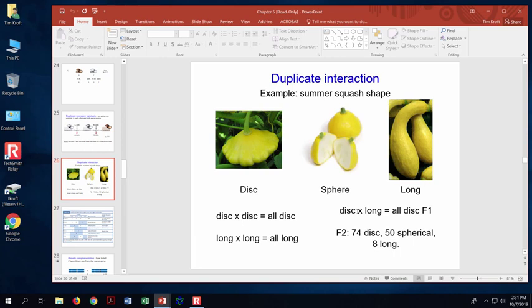It's duplicate interaction, right? And with any of these epistasis examples, any of them, you can look at the classes that are combined and know what genotypes are supposed to go in those classes, and then figure out what is going on with the genes to give the phenotypes.